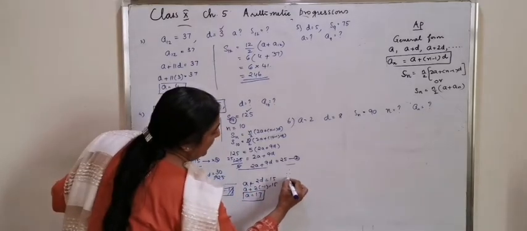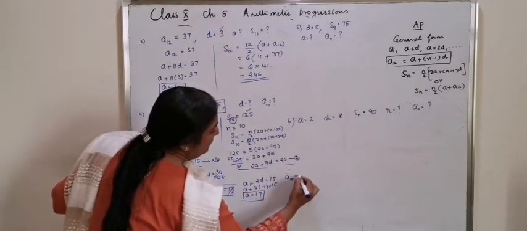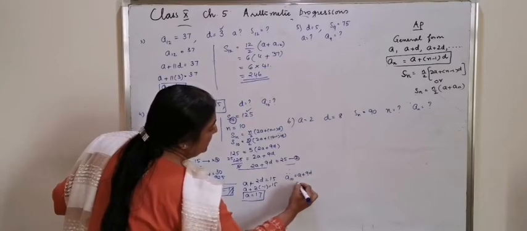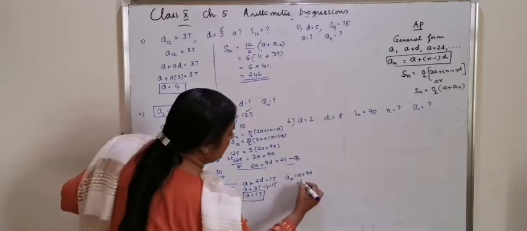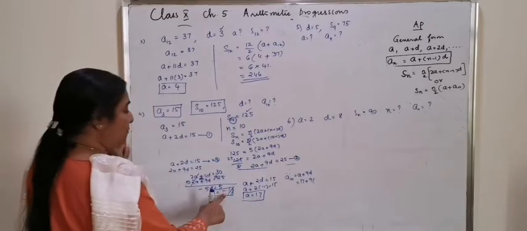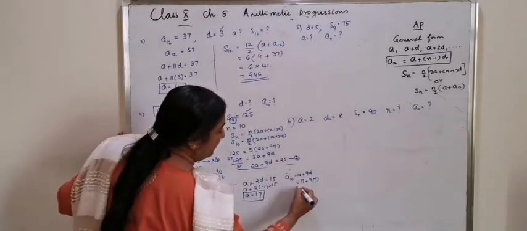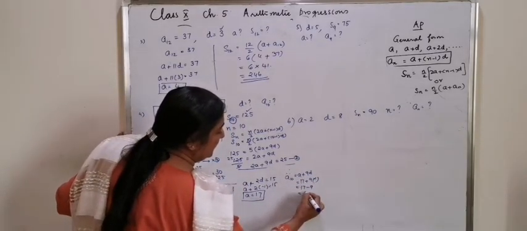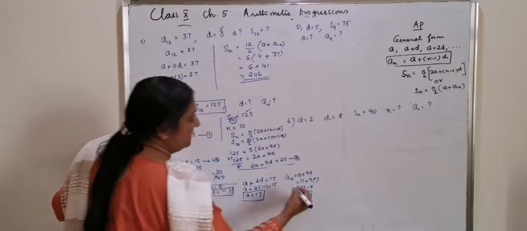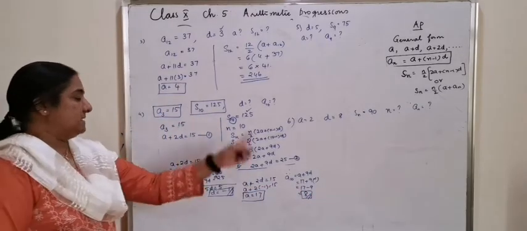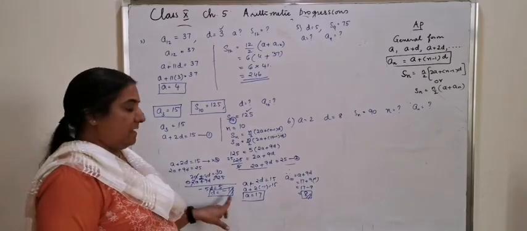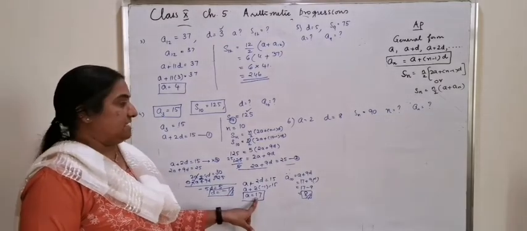Therefore, A10 is equal to A plus 9D, which is equal to 17 plus 9 into minus 1. 17 minus 9, that means 8. So the value of A10 is 8, value of D is minus 1, value of A is 17.